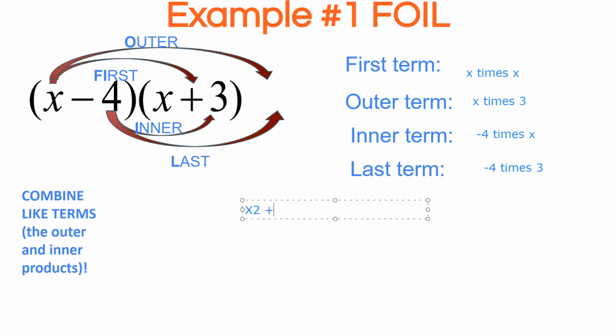So what we've got is plus 3x. And then the inner terms are -4 times x. So what we have is -4x. And then our last two, which is -4 times 3, is what? -12. Good. So then we combine the like terms, and our final answer is x squared minus x minus 12.